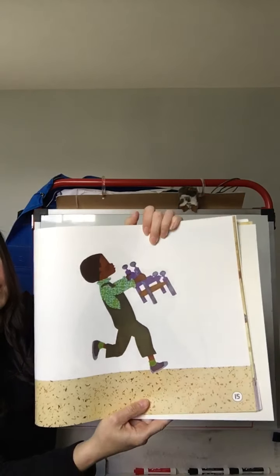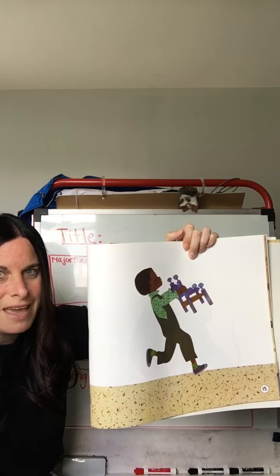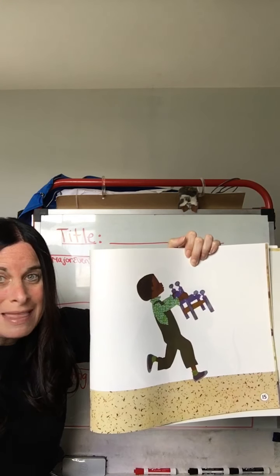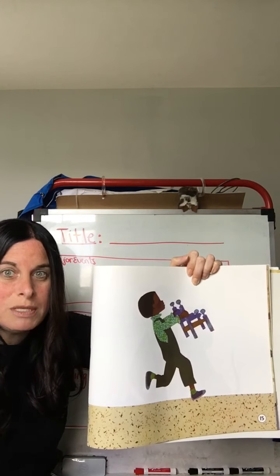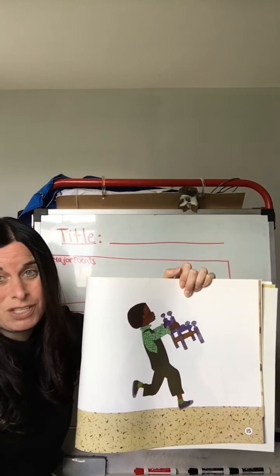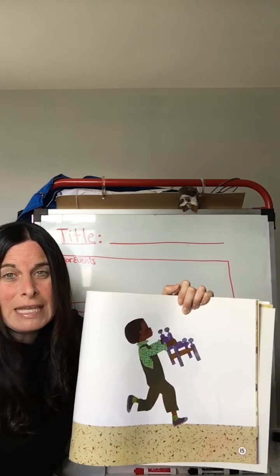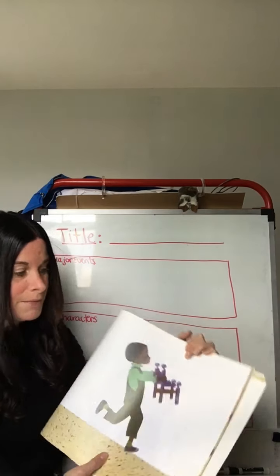Look, he's running away with the chair. Why do you think he's doing that? Yeah, he doesn't want them to paint that. He doesn't want to have to give away all of his things to his baby sister. It's not that he doesn't love her and he doesn't want to share, but he's feeling that what is his now, right?